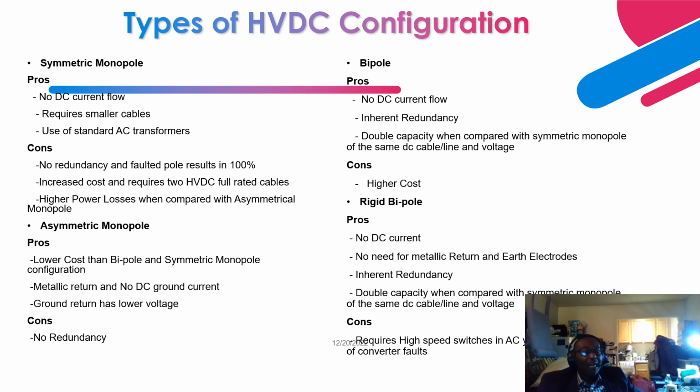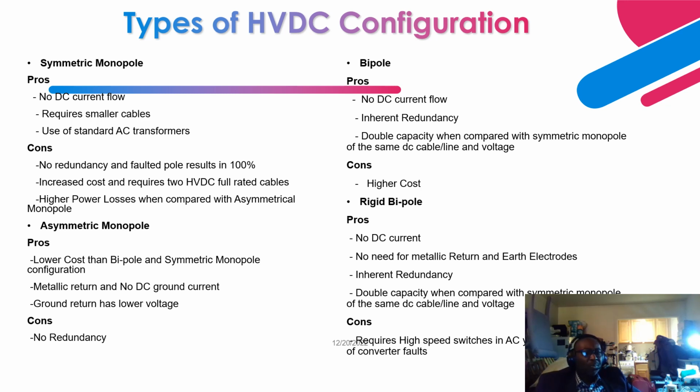Also, you can have higher power losses, especially with a symmetric monopole, because you are utilizing full rated cables, compared to the asymmetric monopole, where you are utilizing only one full rated pole, and the return is either through the ground or the seabed, or you can utilize a metallic return.